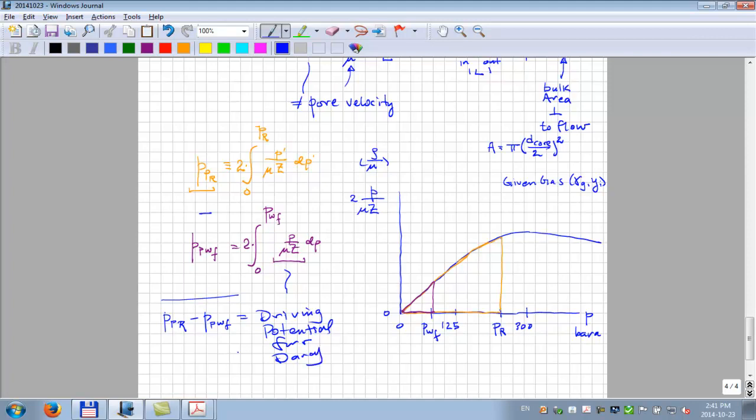That's what's driving the Darcy flow, times kH. And what is that? That's nothing more than the difference between these two. It's that area there. Okay. That's the driving potential.